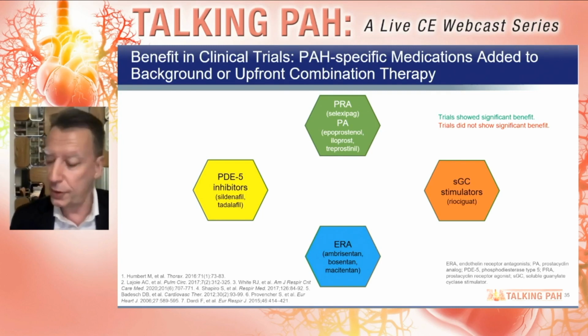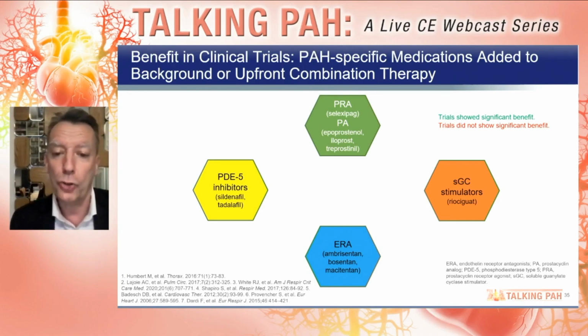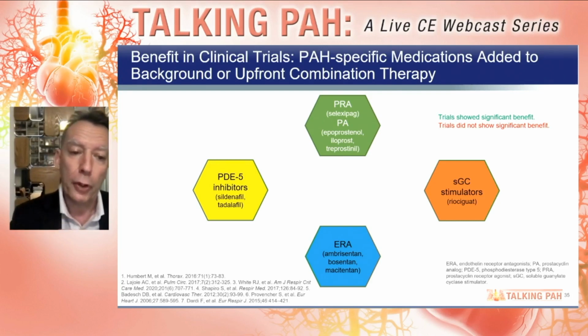So here on this cartoon, you will see it will be crowded very soon. On the left, you have PDE5 inhibitors. On the right, soluble guanylate cyclase stimulators. These two should not be combined together, so they are far away. But the yellow one, the prostacyclin in green on the top, and the endothelin receptor antagonist in blue at the bottom, they can be combined with any of the others.